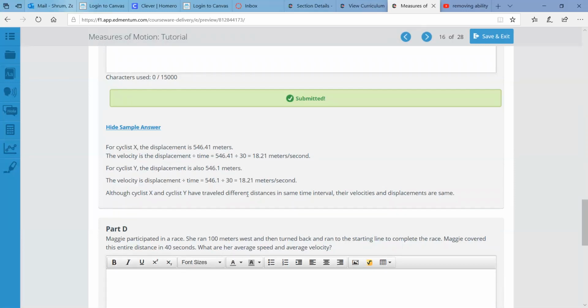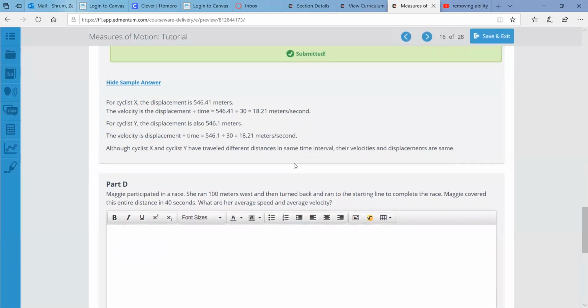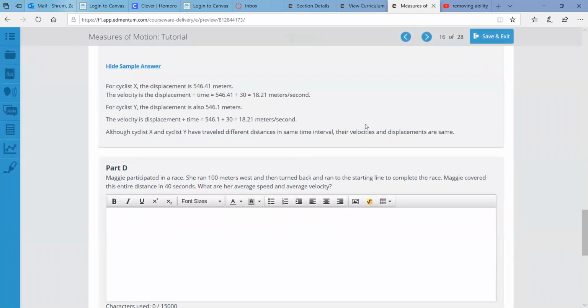And then we get the same thing for cyclist Y. Because velocity is displacement divided by time, they both have the same displacement. Both took 30 seconds, so we get the same velocity. So even though they traveled different distances in the same time interval, their velocities and displacements are the same. Because these are dealing with directions and where you wind up compared to where you started.